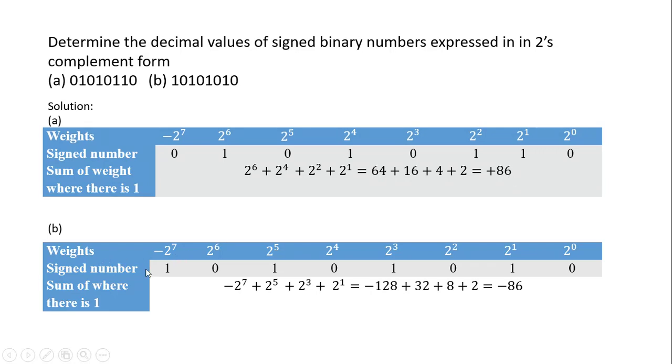In this example, this is a negative number because the sign bit is 1. So add weights where there is 1: minus 2 raised to power 7 plus 2 raised to power 5 plus 2 raised to power 3 plus 2 raised to power 1. So it is equal to minus 86. So this is the decimal equivalent of this given signed binary number.